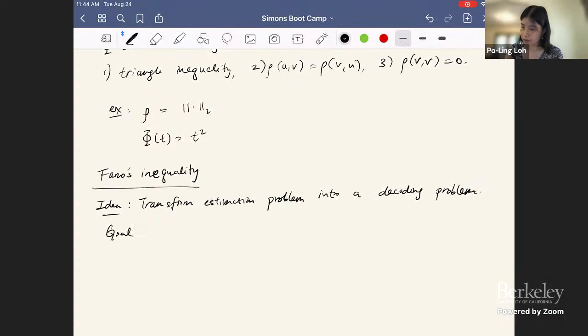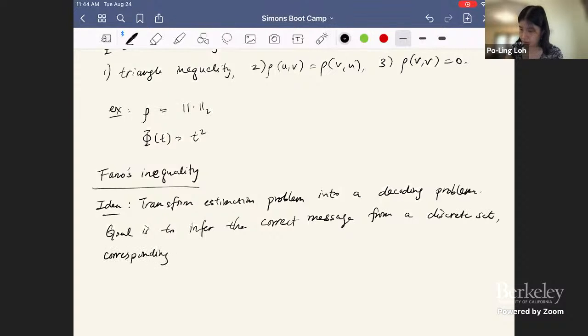And the goal is to infer the correct message from a discrete set of messages corresponding to a collection of distributions, well, let's say a subset of the whole class of distributions.